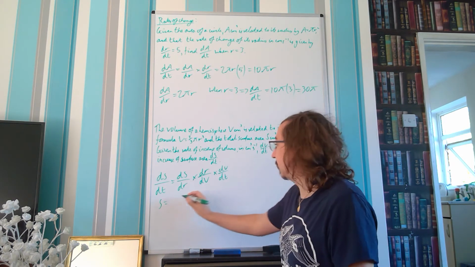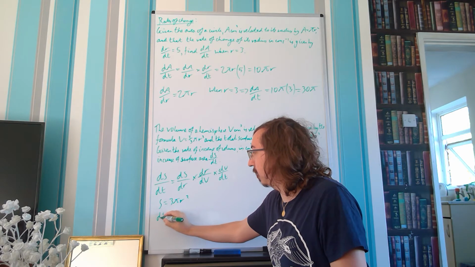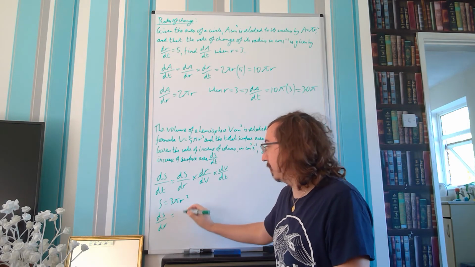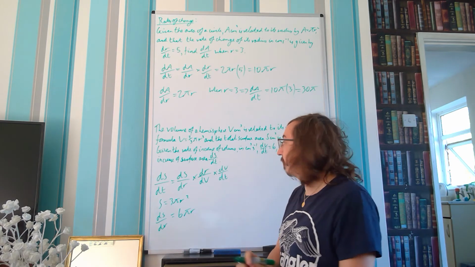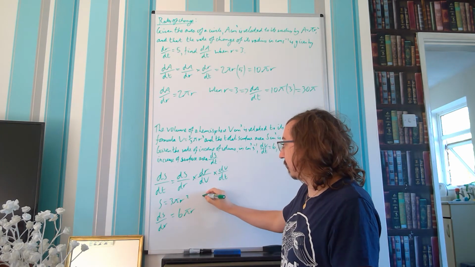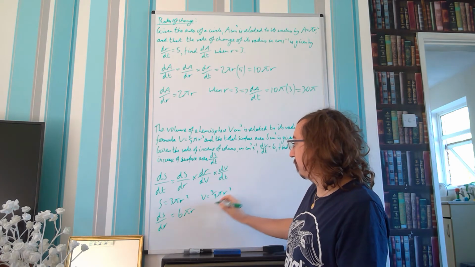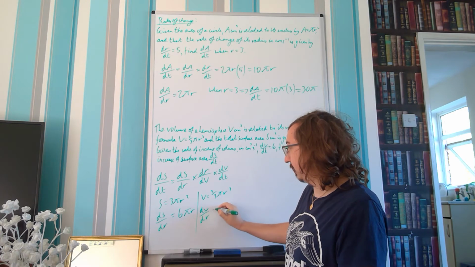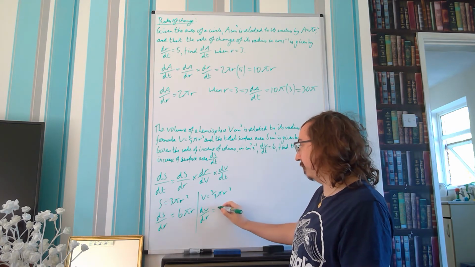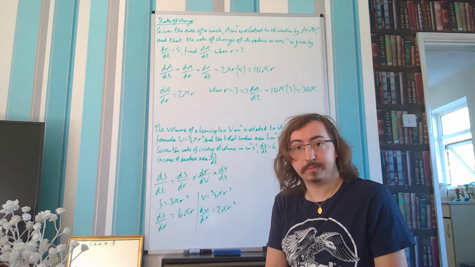So as S is equal to 3 pi r squared, dS by dr, bring the power to the front, is 6 pi r. As the volume is equal to 2 over 3 pi r cubed, we can say that dV by dr, bring the power to the front, is 2 pi r, drop the power by 1, squared.